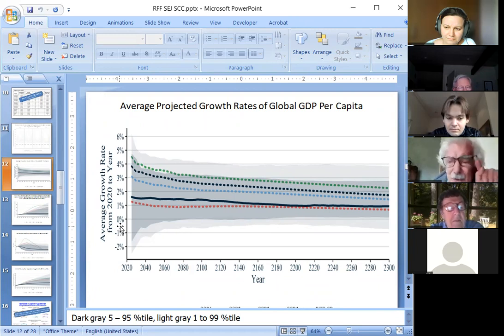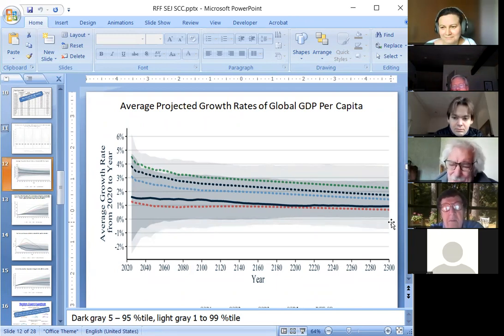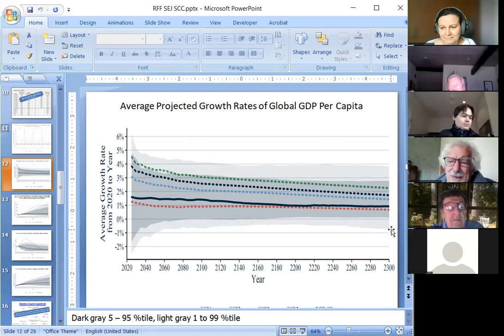We're talking about the cumulative growth from 2020 out to 2300. And if you look at this 0, you see, holy shit, there's 5% probability that the cumulative growth for the next 300 years will be negative. I repeat, there's a 5% probability that the cumulative growth for the next 300 years will be negative.